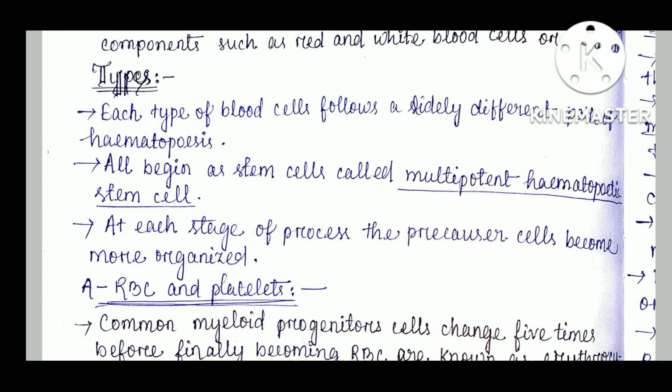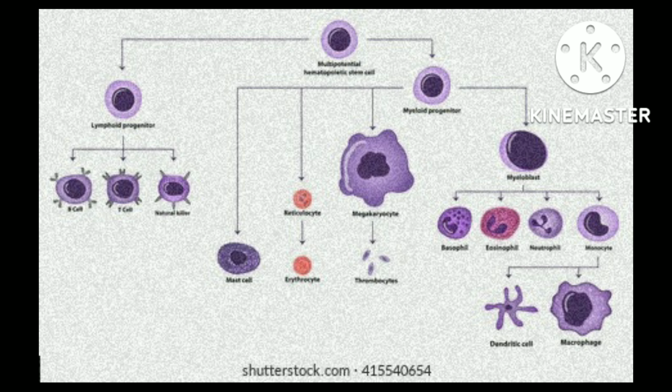Then, types. Each type of blood cell follows a slightly different path of hematopoiesis. All begin as stem cells called multipotent hematopoietic stem cells. At each stage of the process, the precursor cells become more organized. First one is RBCs and platelets.